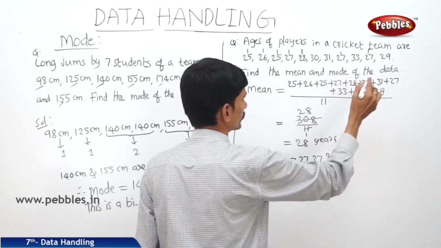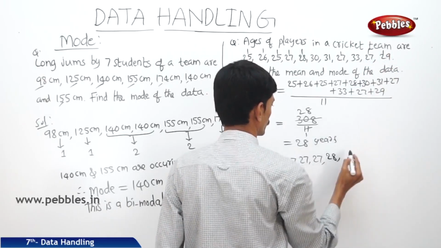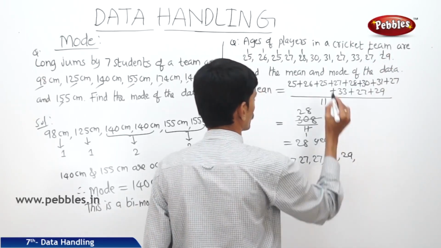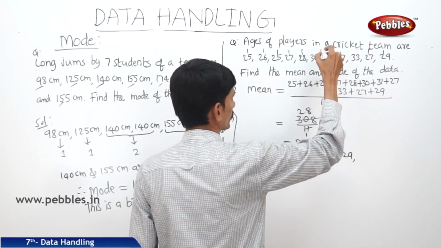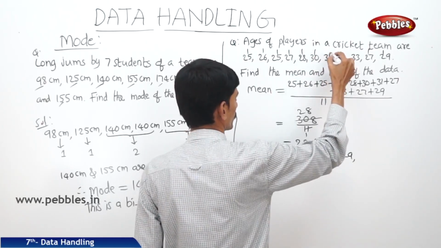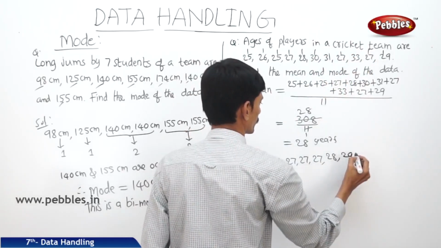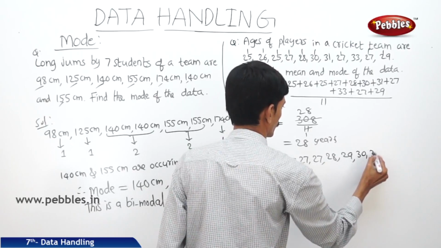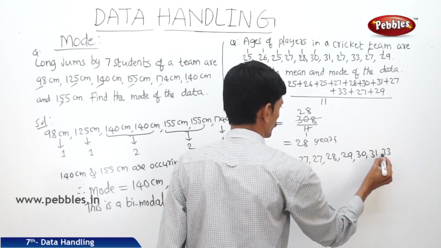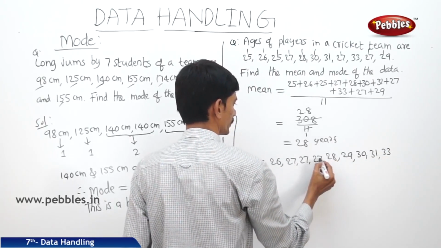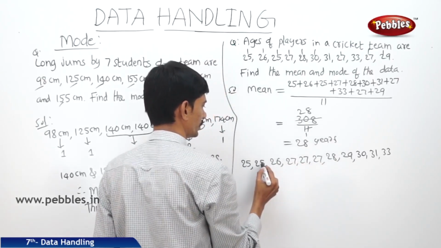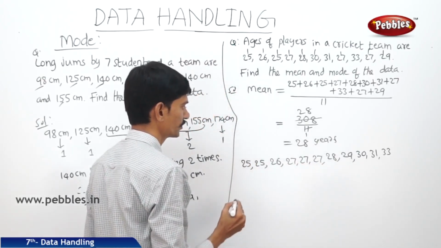Then 29, then 30, 31, 33. So 1, 2, 3, 4, 5, 6, 7, 8, 9, 10, 11. There are 11 observations.